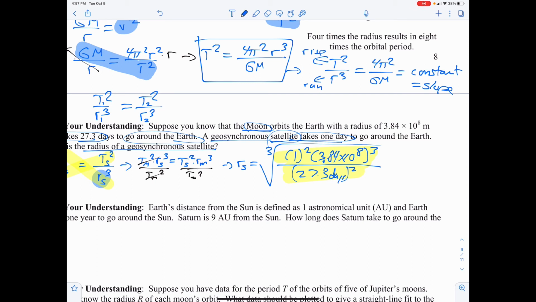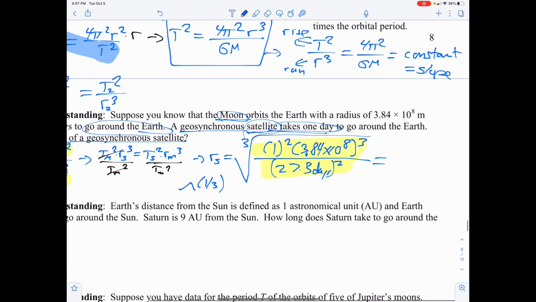In order to take the cube root of that, here's what you do. To take a cube root of a number, all you do is raise that number to the 1/3 power, because raising something to the 1/3 power is the same as a cube root. Okay, so that's how you can do that in your calculator. Take a second and pause the video and try and see if you can get the radius of this particular satellite.